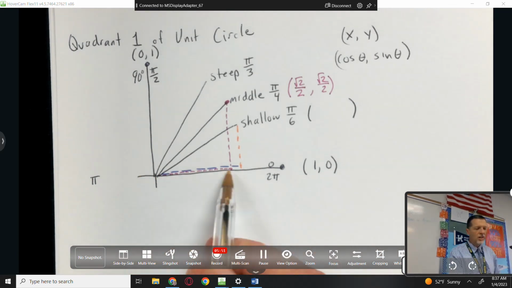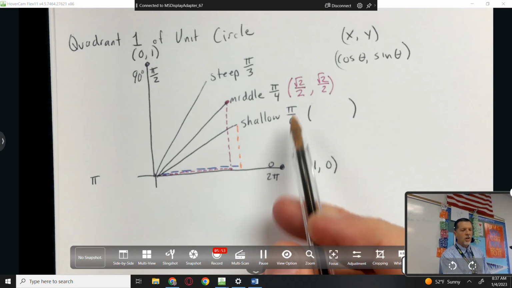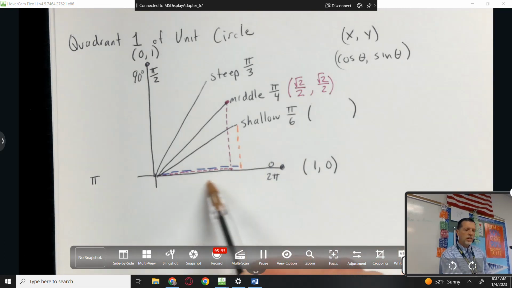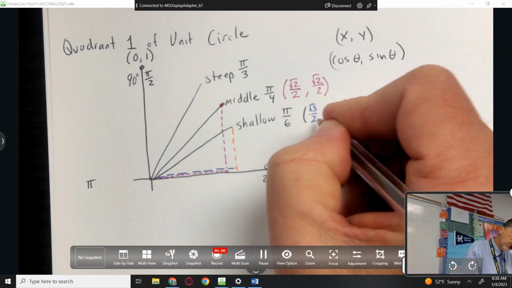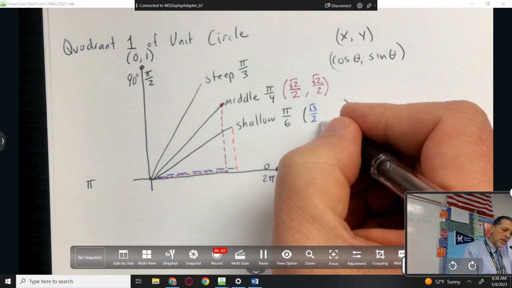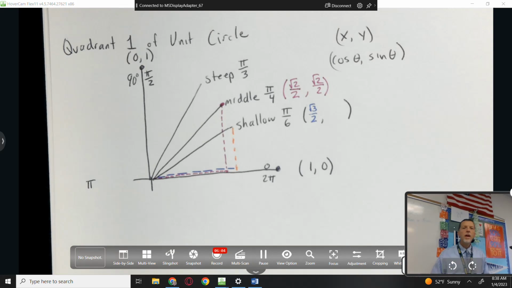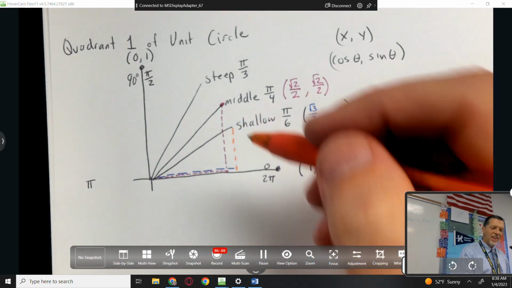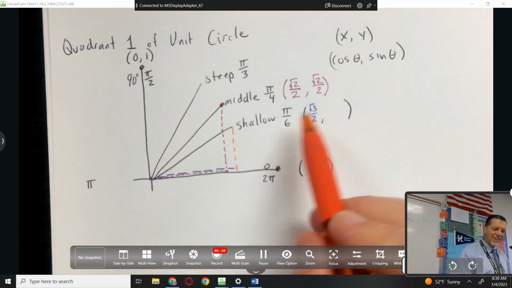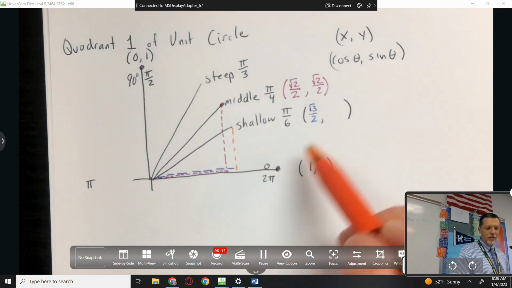That's a long side. It's longer than root 2 over 2. Square root of 3 over 2. The shorter side, it's got to be less than root 2 over 2.